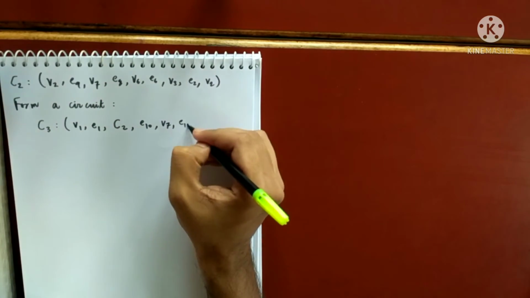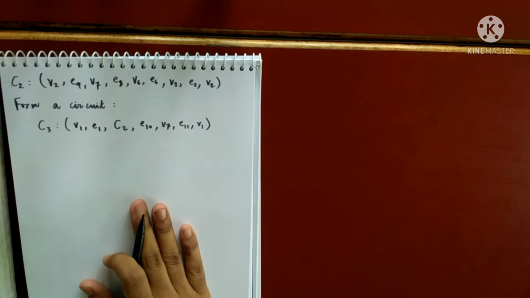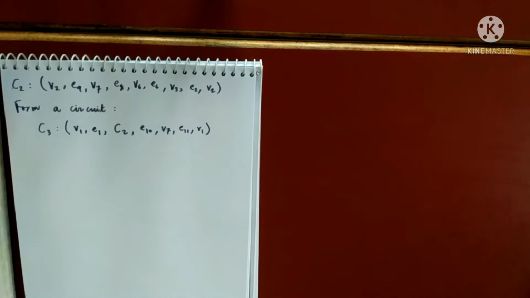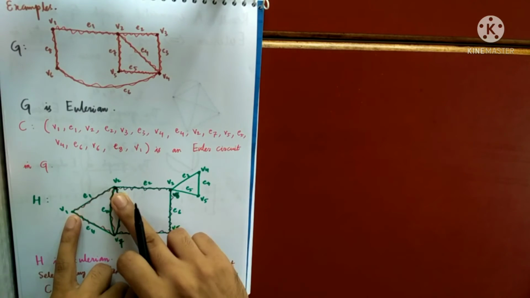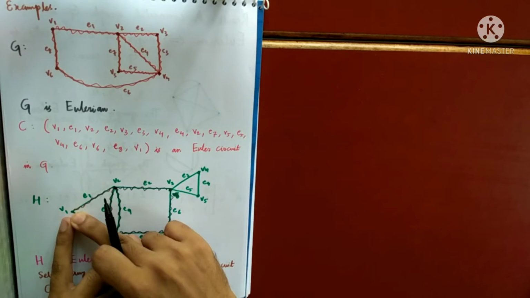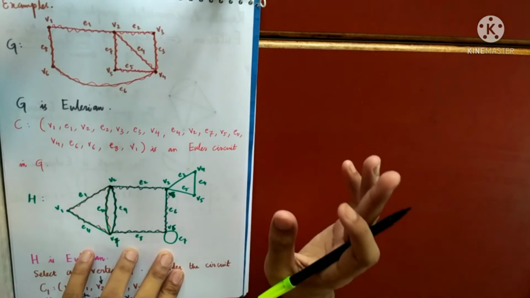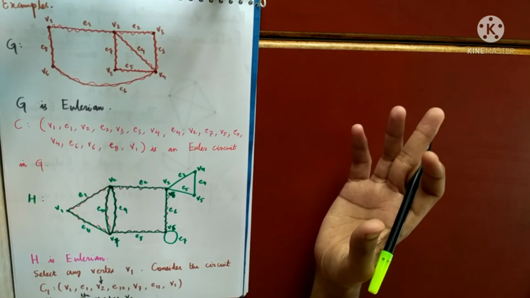Did you get my point? Now I have a new circuit, V1, V2, E9 and so on. But still this circuit does not contain all the edges of the graph.